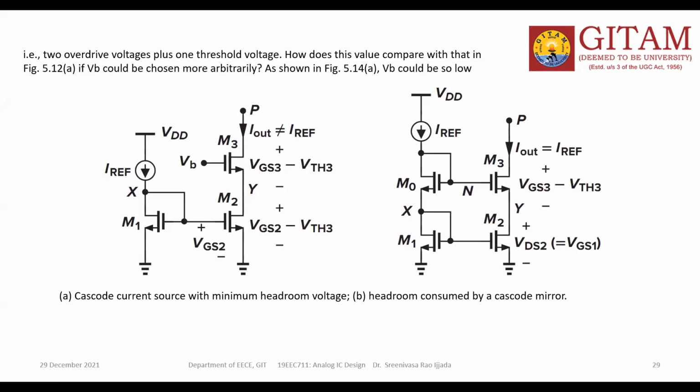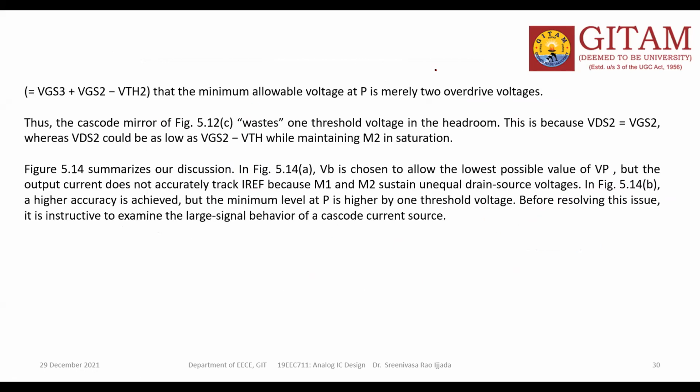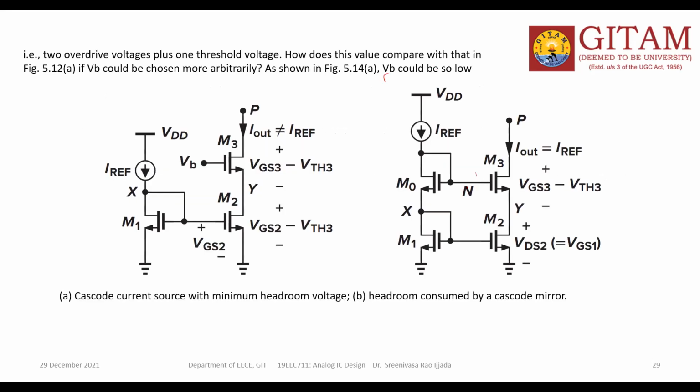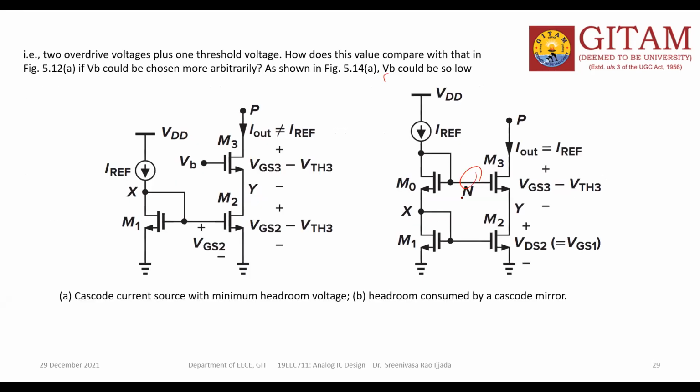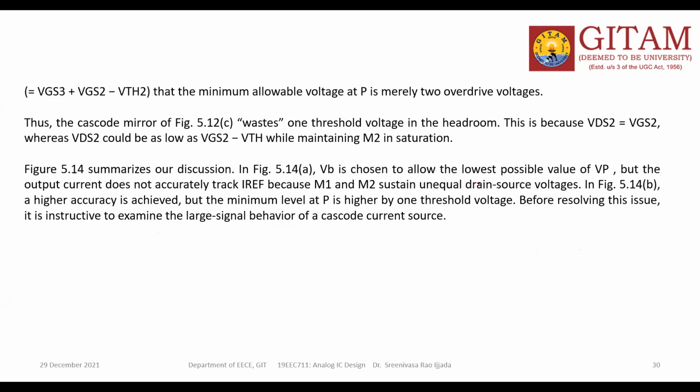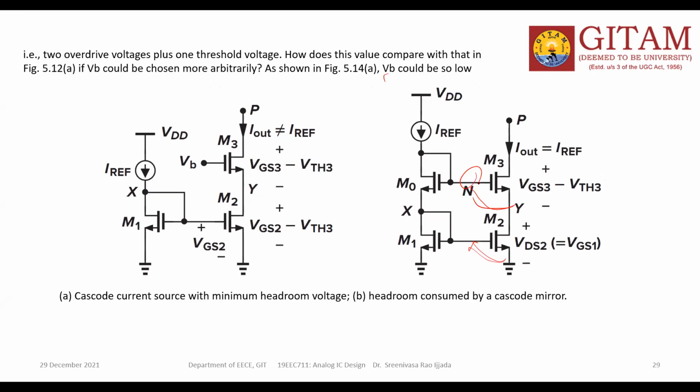Okay, so this VB is equal to VGS3 plus VGS2 minus VTH2. So VB is equal to, from this, VGS3 plus VGS2. This is the VGS2, this potential plus this potential, and one more is minus VTH2, the threshold voltage of this device.